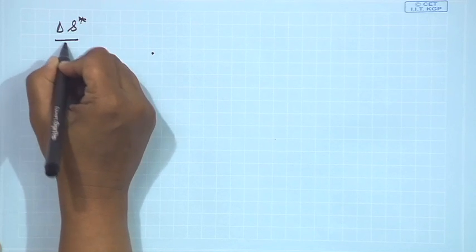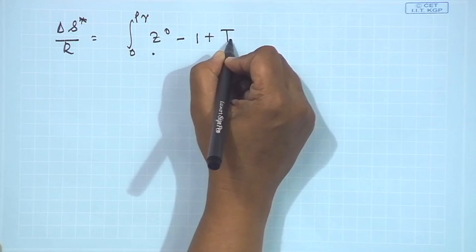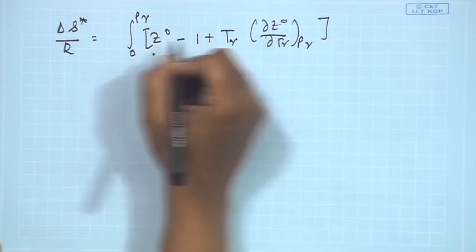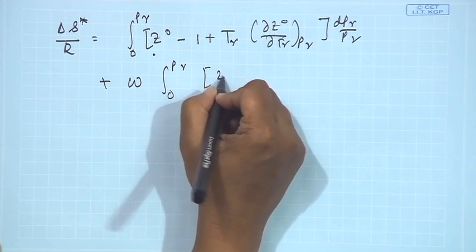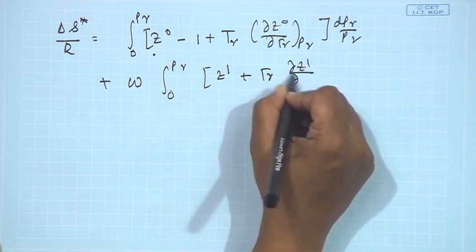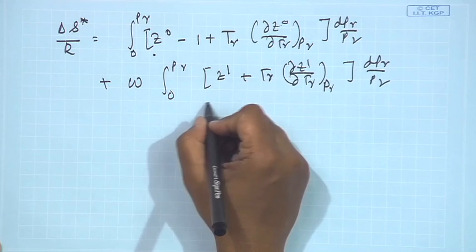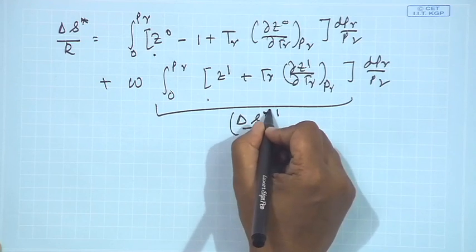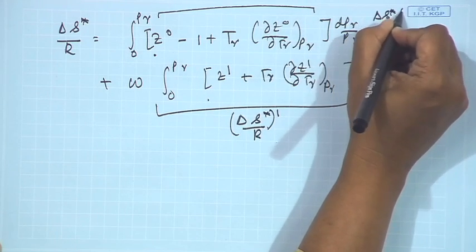In that case also, if we proceed in this particular way, we find that delta S star by R can be expressed as integral 0 to PR Z0 minus 1 plus TR del Z0 del TR at constant PR, this whole thing dPr by PR, plus omega integral 0 to PR Z1 plus TR del Z1 del TR at constant PR, whole thing dPr by PR, where this particular part is delta S star 1 by R, and this part can be written as delta S star 0 by R.